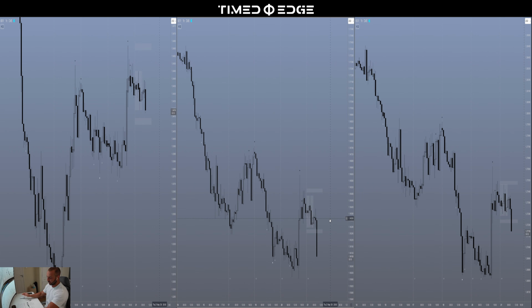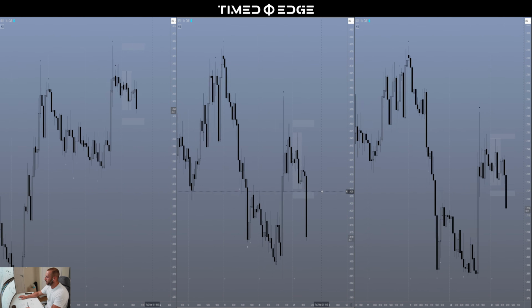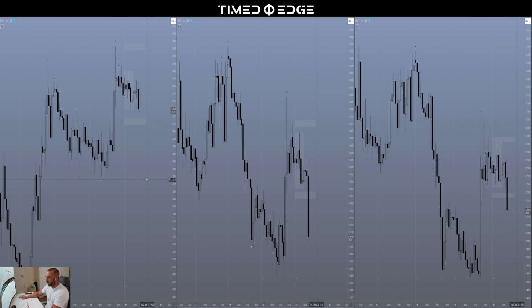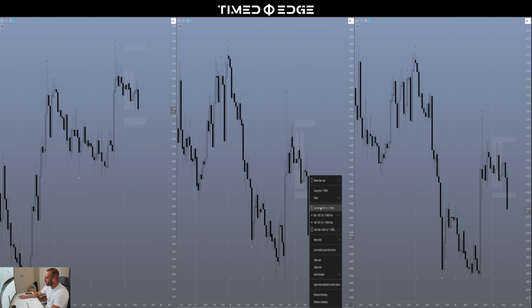Okay, so the draw of liquidity here is going to be previous day's low.